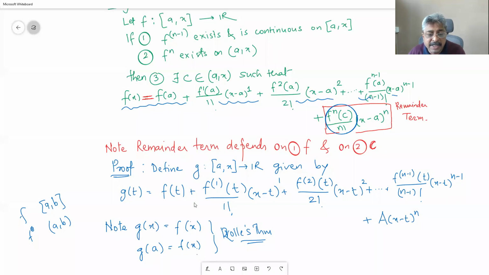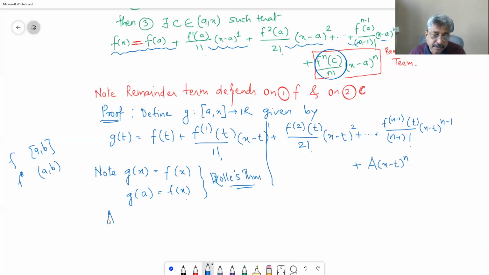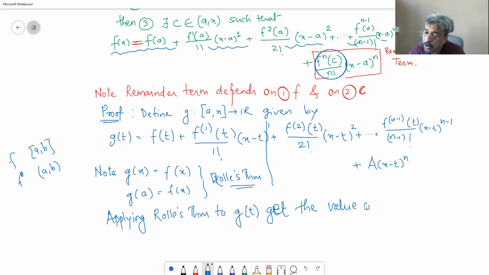So for all practical purposes, this g of t, which is being defined right now, is eligible to apply Rolle's theorem, and therefore applying Rolle's theorem to g of t, we get the value of capital A. That will complete your story of this particular theorem.